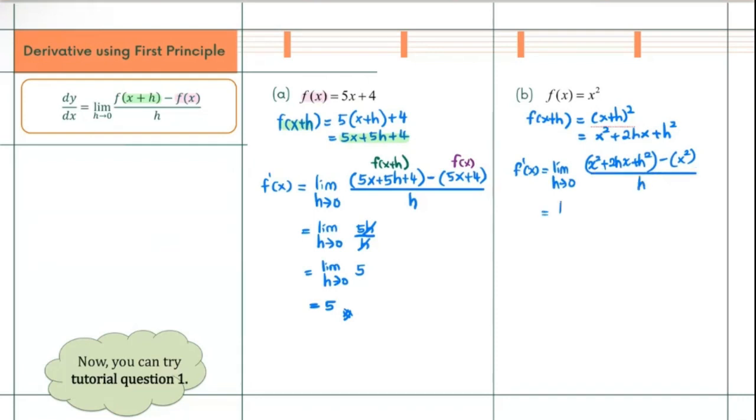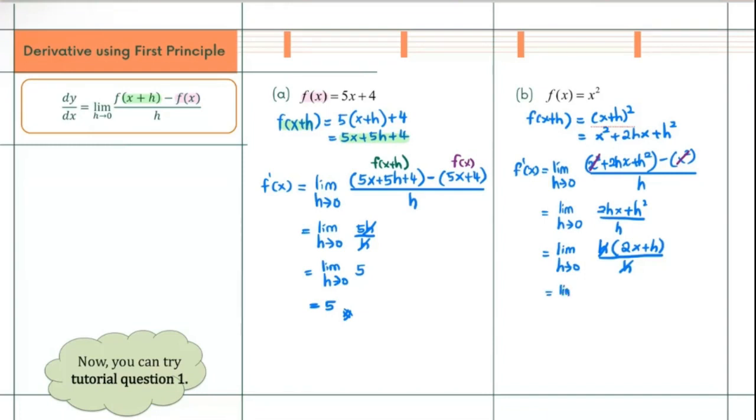Okay, so I'm going to simplify the function first. So therefore kita ada kat sini x squared minus x squared. Okay, x squared minus x squared will be 0. So we left with 2hx plus h squared divided by h. And actually on the numerator kita boleh factorize h. So saya factorize h. So tinggallah 2x plus h divided by h. So now h over h will be 1.